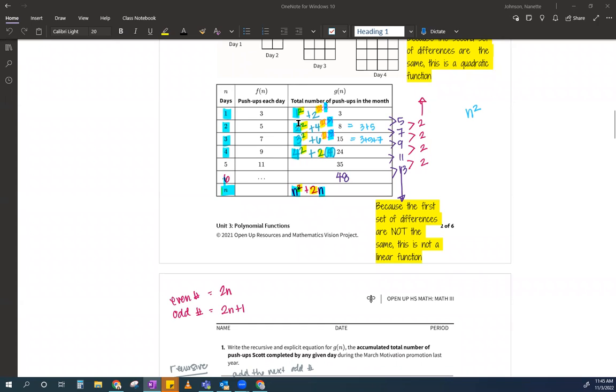And I was like, all right, that's cool. 1 squared plus 2 makes 3. I can't tell the pattern from this. I need to look at more of the pattern in order to do that. So then we did the second day, the third day, and then we're like, wait, I see the pattern. We looked at what stays the same and what changes. So that's how we built this.